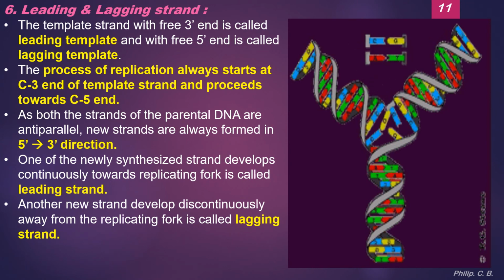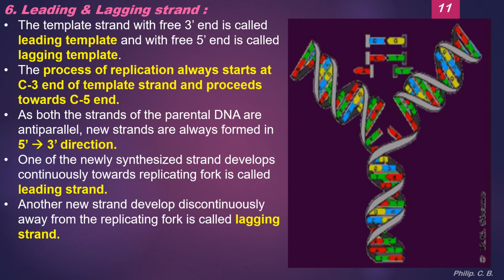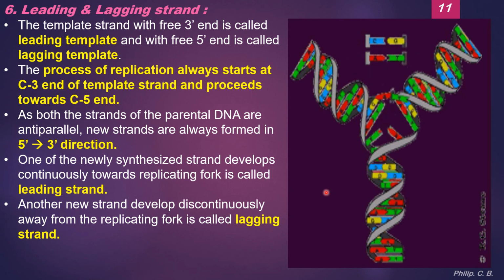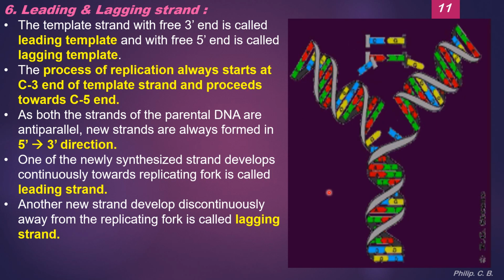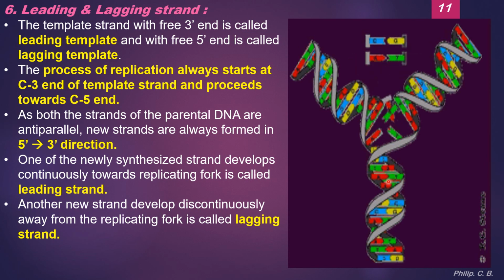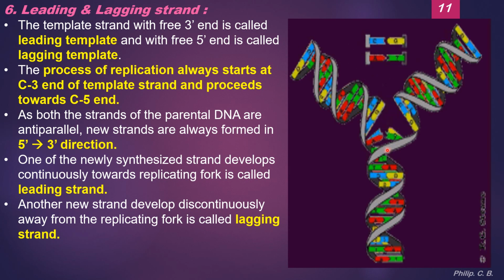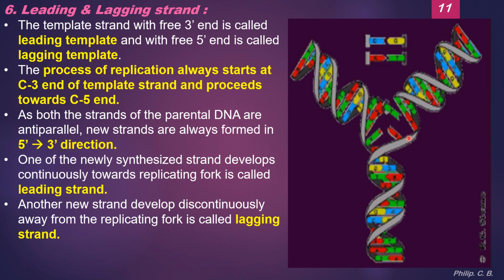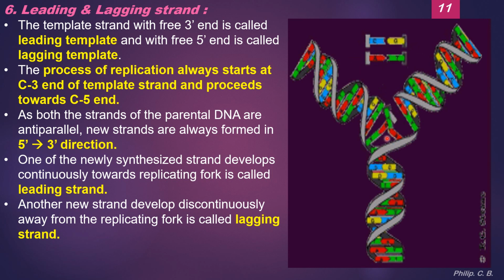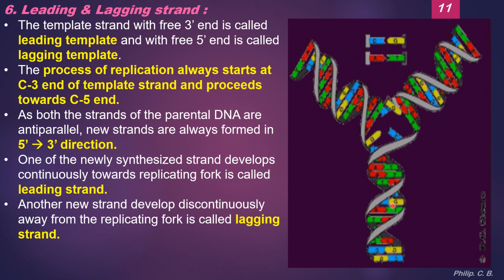Further, the sixth point or stage, that is the lagging and the leading strand. So again I put one very good animation where you can see automatically the DNA which is unwound or unzipped at the ATGC pattern, and from the pool complementary nucleotides are joining to it, forming the new strand.